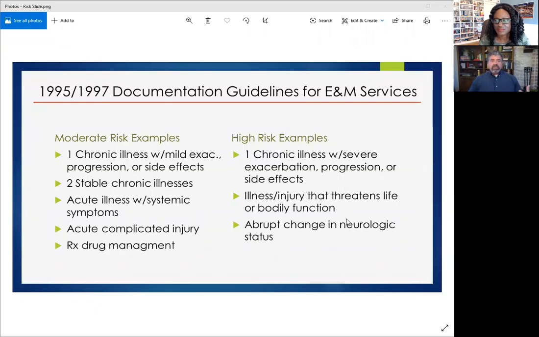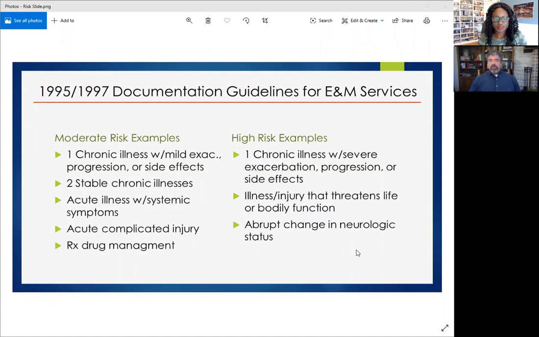Okay, risk, this is something that is made by CMS, the government, and it's very objective. You don't get to decide how risky somebody is. But usually for a level 4 visit, it's nice if they have a moderate level of risk. And it's real simple. If they have a chronic illness that's not completely, entirely well controlled or has side effects, that's at least moderate risk.